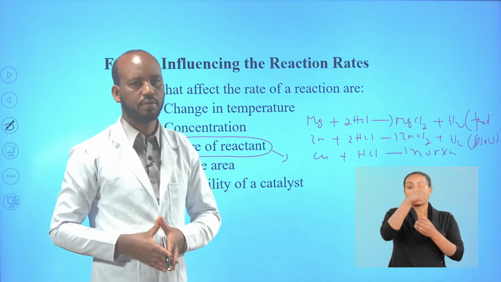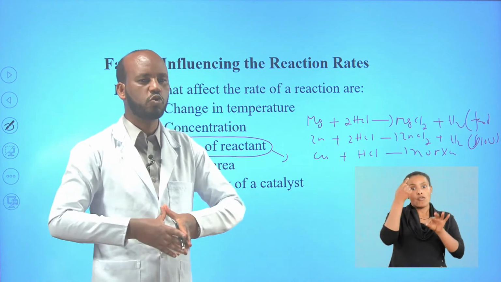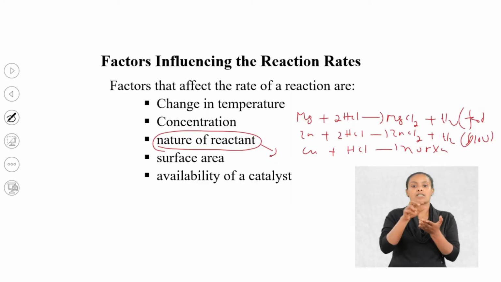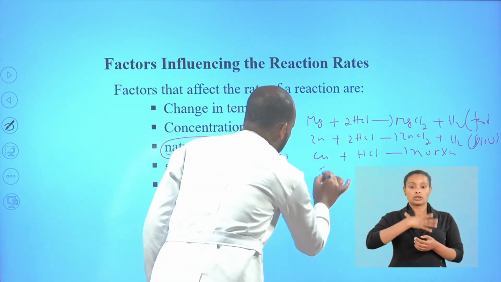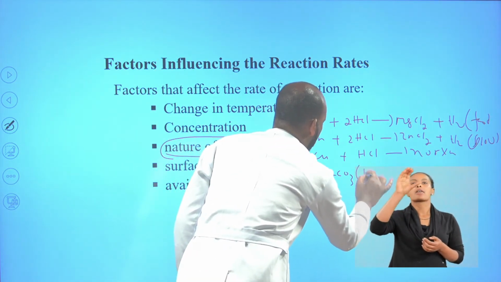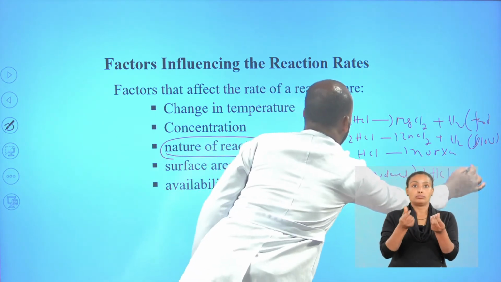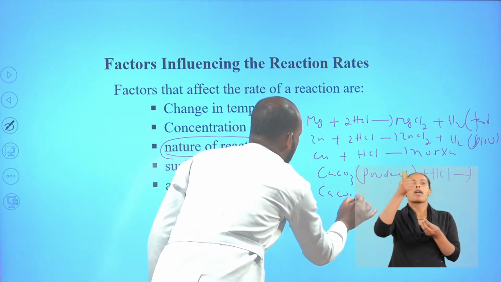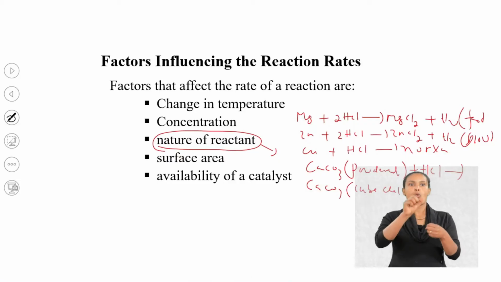4, surface area or state of subdivision. Now this is important for heterogeneous reaction. In general, when surface area of reacting substance increases, rate of the reaction increases. If you take the reaction between hydrochloric acid and chalk, calcium carbonate, now this is powdered chalk plus hydrochloric acid, and calcium carbonate, this is cube chalk plus hydrochloric acid.